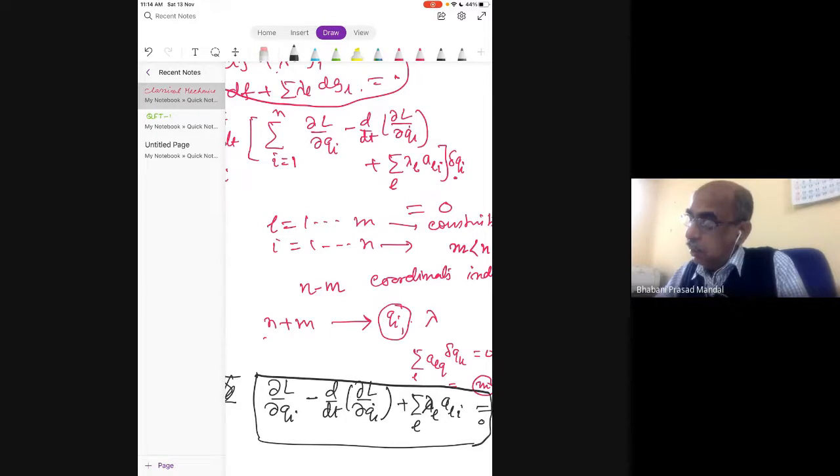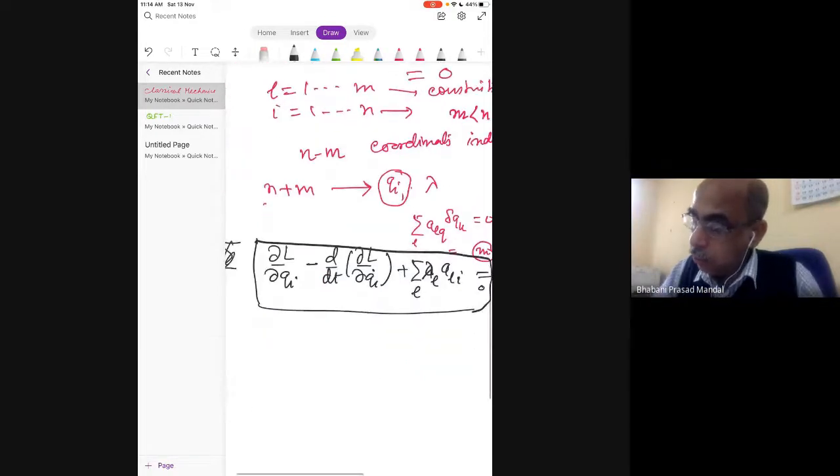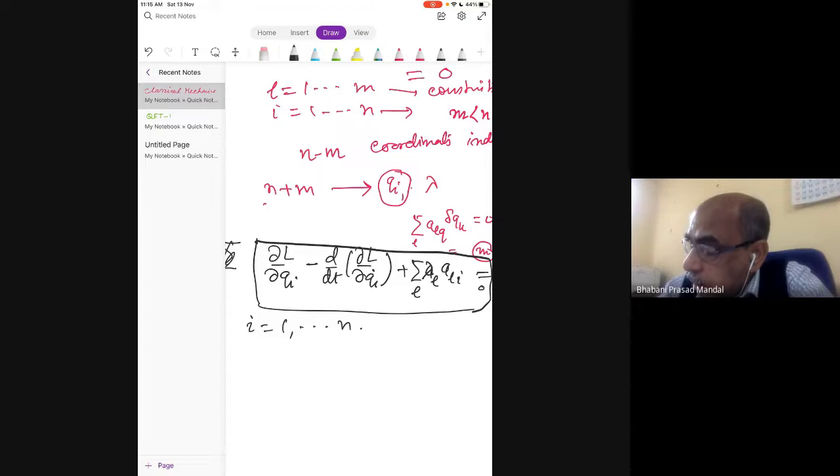But remember, here you have i equal to 1 to n. So among these, m equations should be used to eliminate lambda.